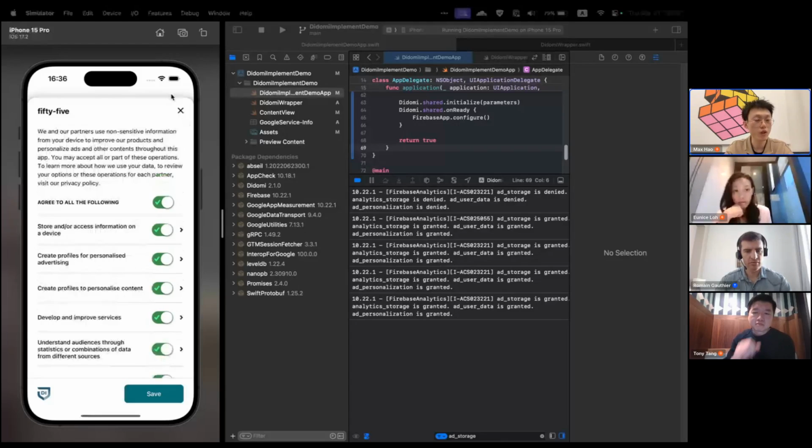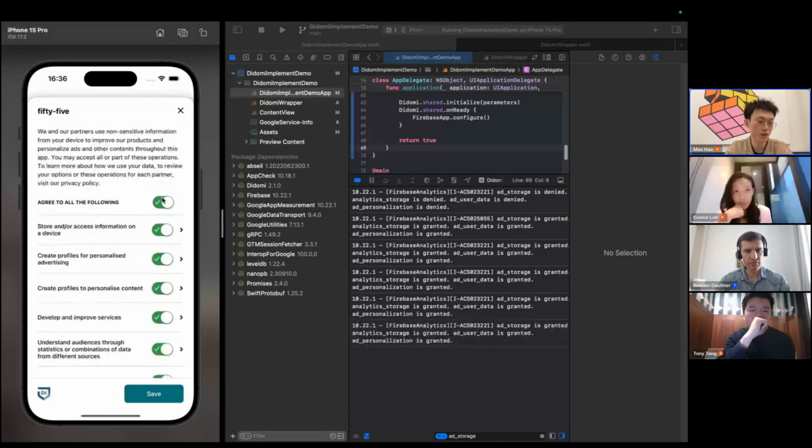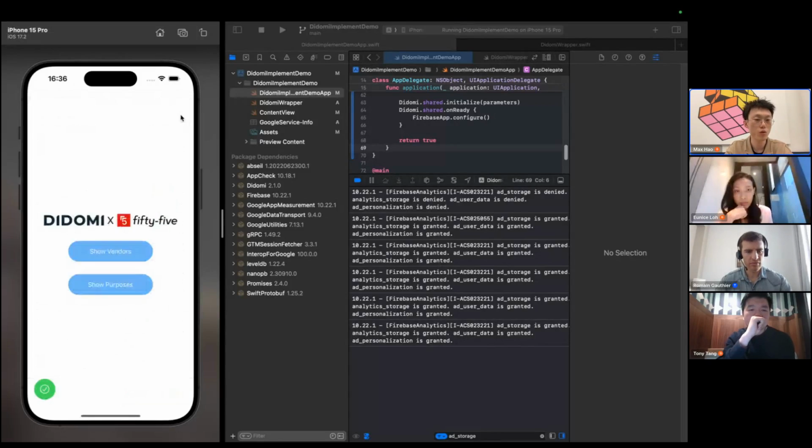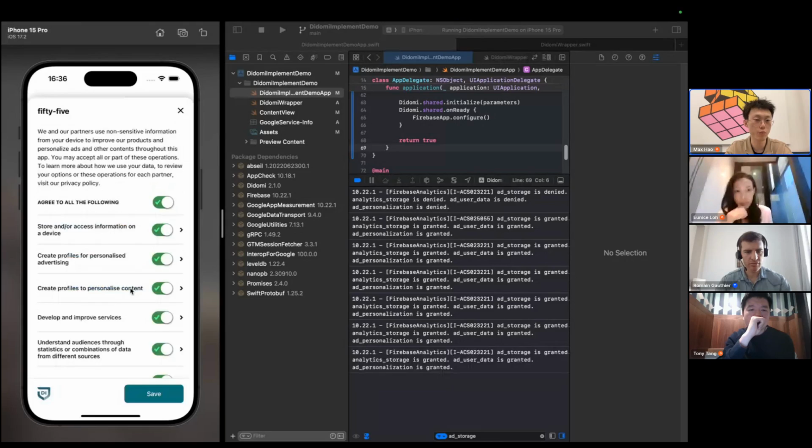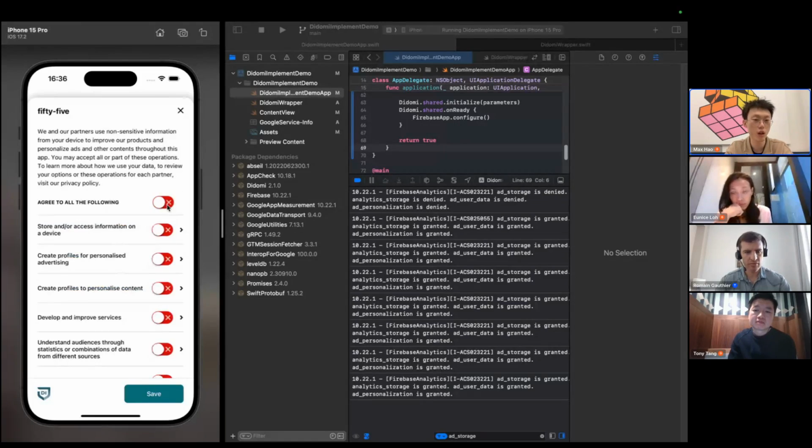And then following that, we have a list of purposes that you can choose from. This is also just to give users more visibility of what they're choosing. You could also just show your users the purposes that you are currently leveraging, and they can choose to disagree all, agree all, or maybe just choose some of them to agree.